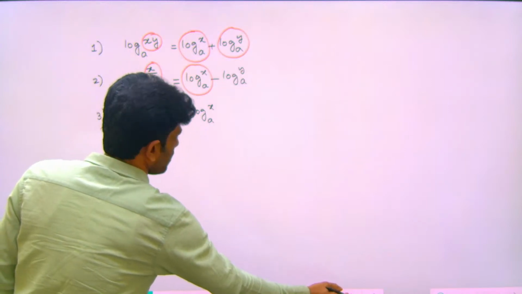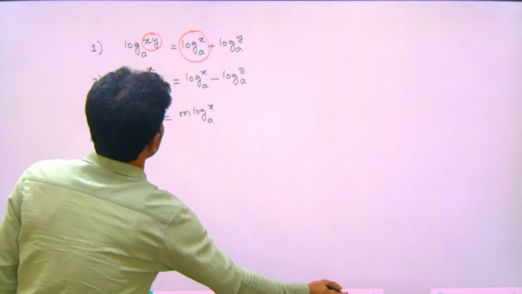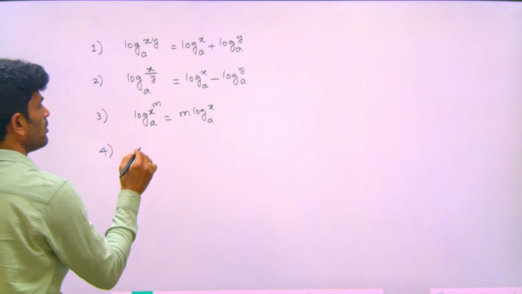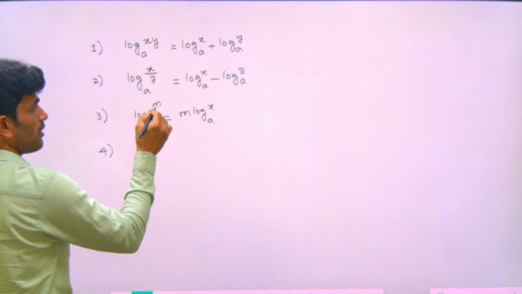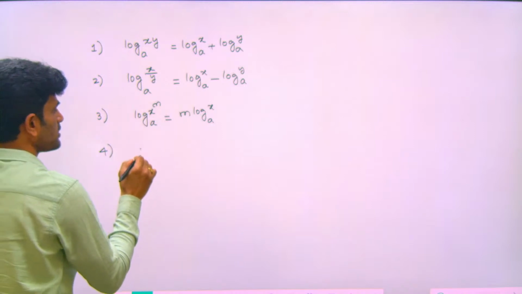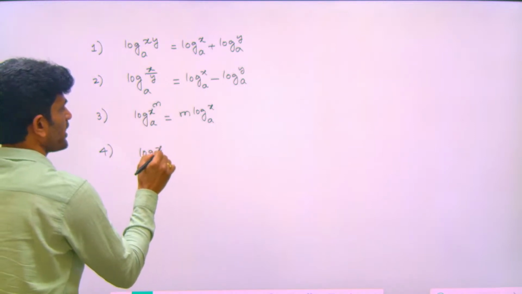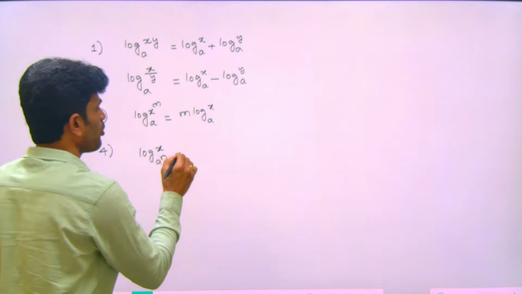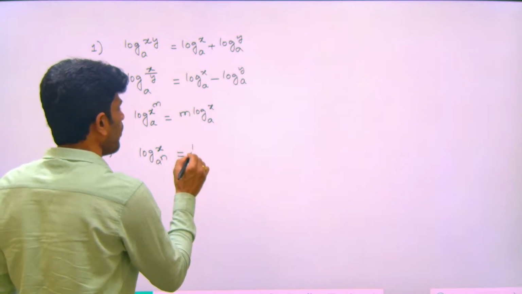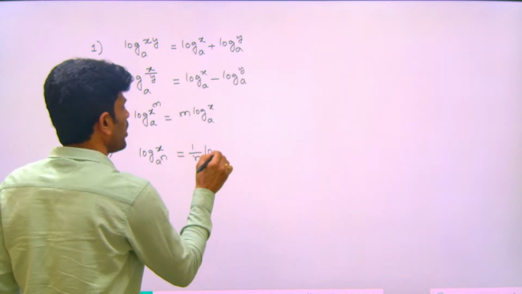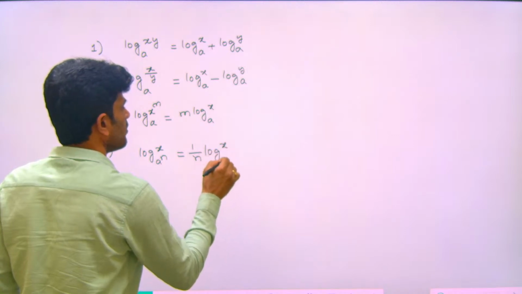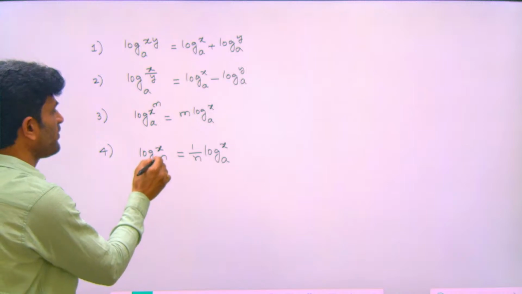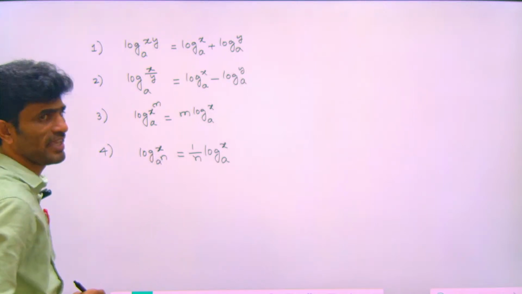So these all are important laws of logarithms. Not only this, we have a few more. If you have power on x, it will be multiplied like this. Suppose you have log x to the base a to the power of n, then we can write it as 1 by n log x to the base a. So 1 by n will be multiplied if the power is on the base a.